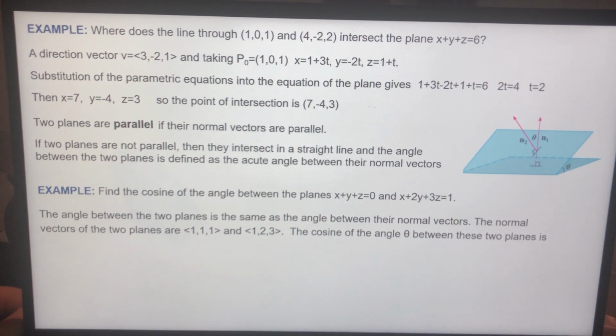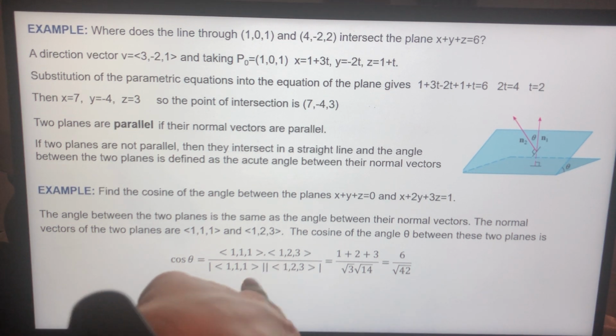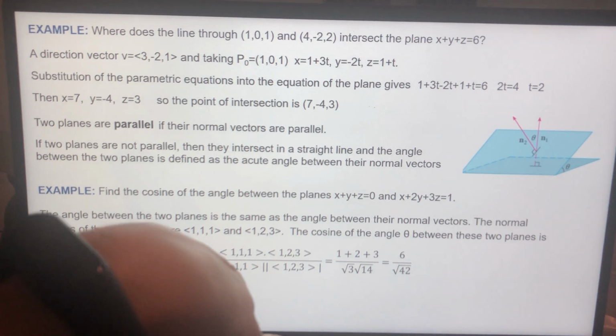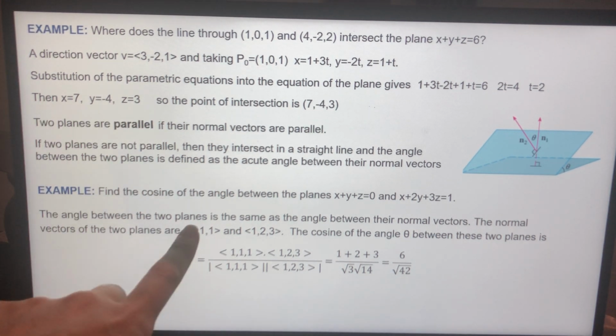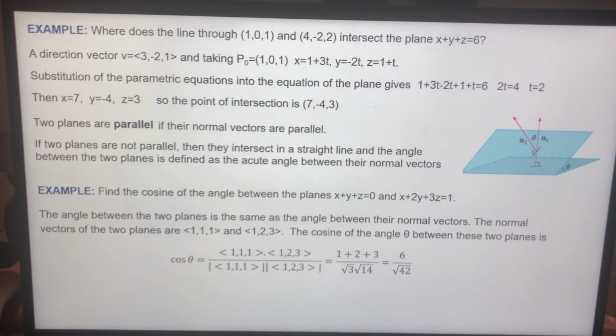And to be able to find the angle between two vectors, you can use the dot product. You know that the dot product will be the first one's length times the second one's length times cosine theta. So once you solve this for cosine theta, take the dot product over the multiplication of their lengths.